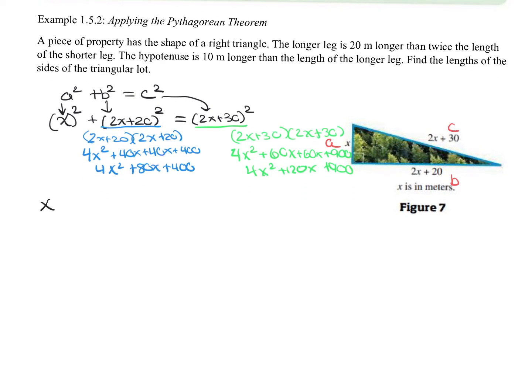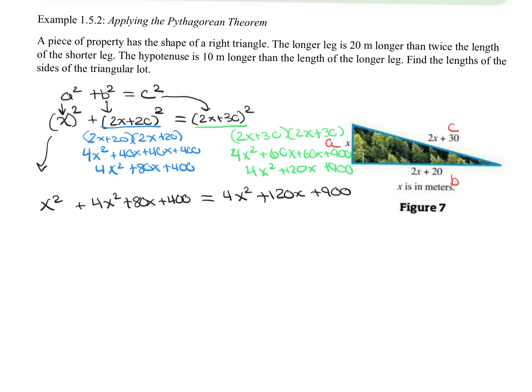I have x squared, don't forget my x squared that I had earlier, plus 4x squared plus 80x plus 400 equals, my green stuff, 4x squared plus 120x plus 900. I'm going to combine like terms, move everything to one side.